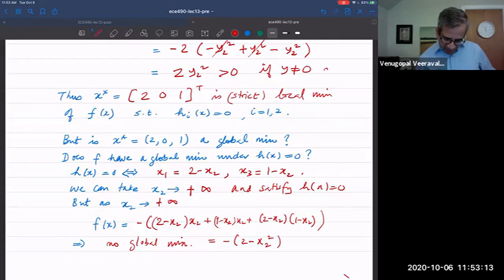Very good. So this is actually a coercive function. I thought this was an example which didn't have either. Okay, I stand corrected. I didn't think this through.